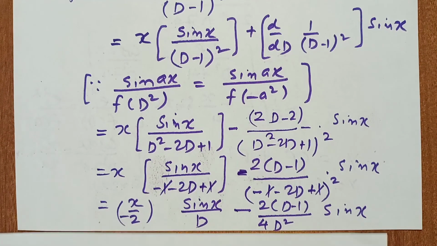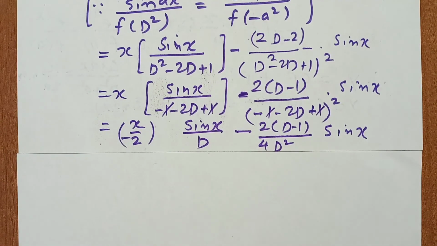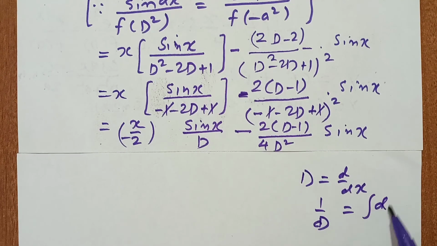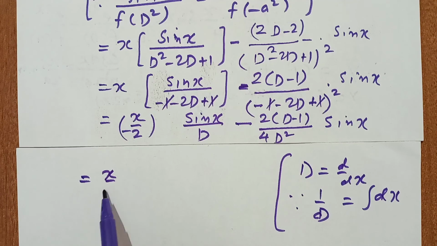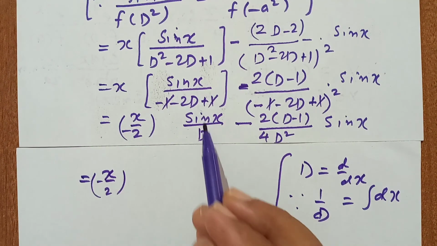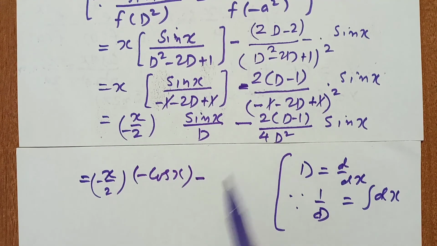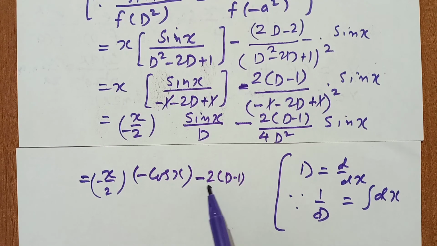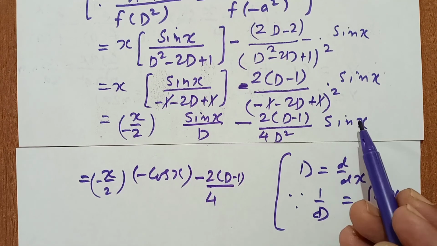So the next term: D means differentiation, so 1 upon D means integration. You know this is the notation. So here x by 2 times the integration of sin x, so minus cos x, minus (D minus 1) upon 4, 1 upon D squared means integration two times of sin x.